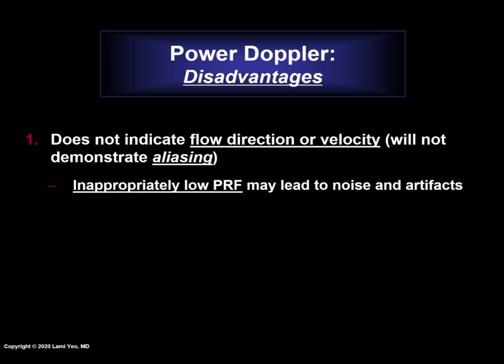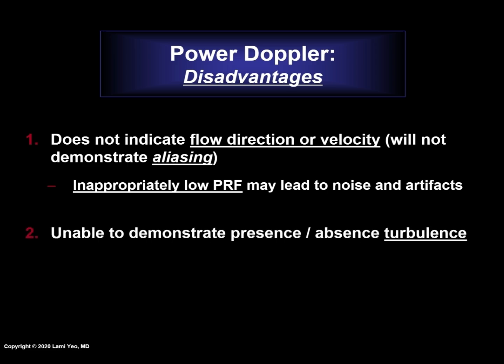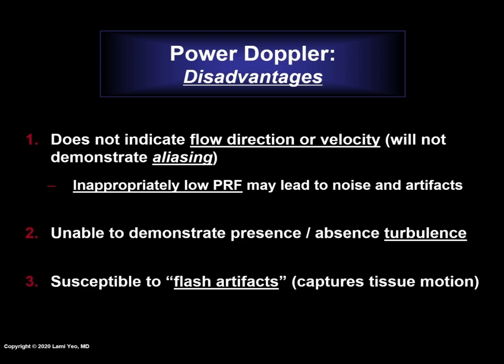The second disadvantage of power Doppler is that it is unable to demonstrate the presence or absence of turbulence. Finally, power Doppler is susceptible to flash artifacts because it is a very sensitive modality and can capture the motion of surrounding tissue.